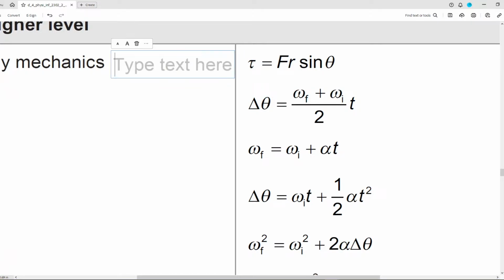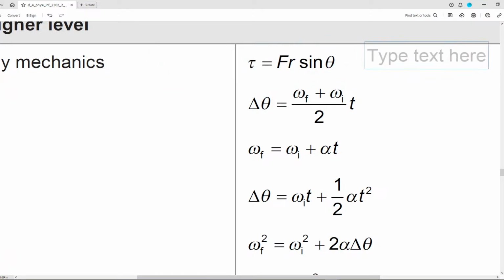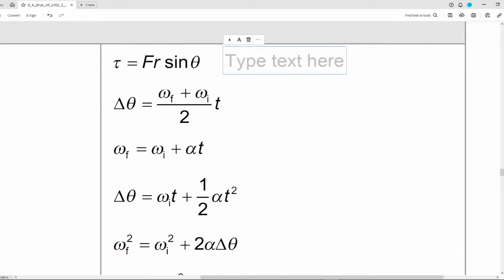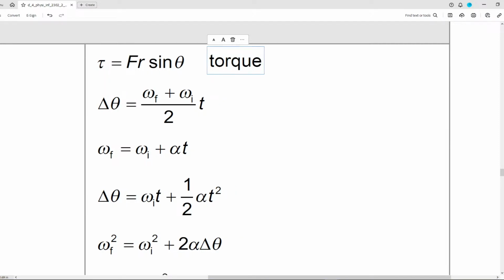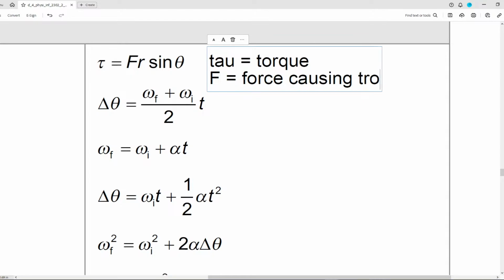First is the analogue of what we consider force. Since there's quite a bit to talk about, I'll write that word on this side. It's a rotational force. The force actually causes something to rotate. It's called torque. That's what tau is. F is a force causing a torque, causing rotation.